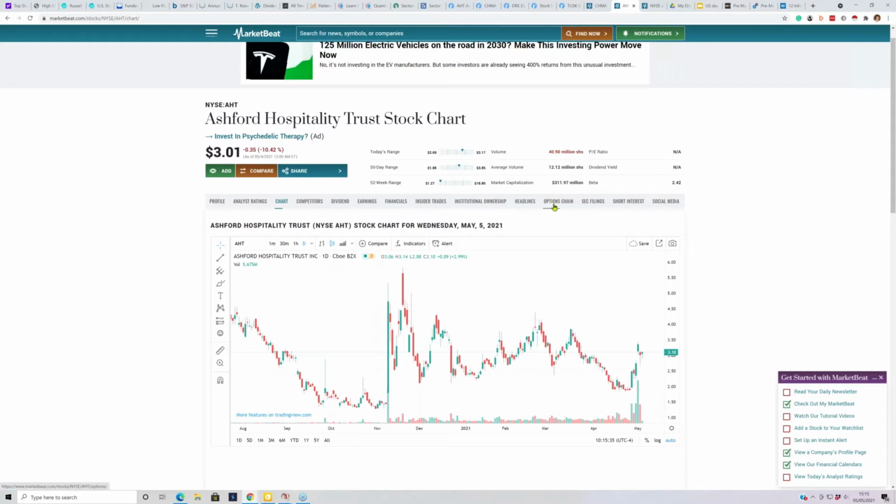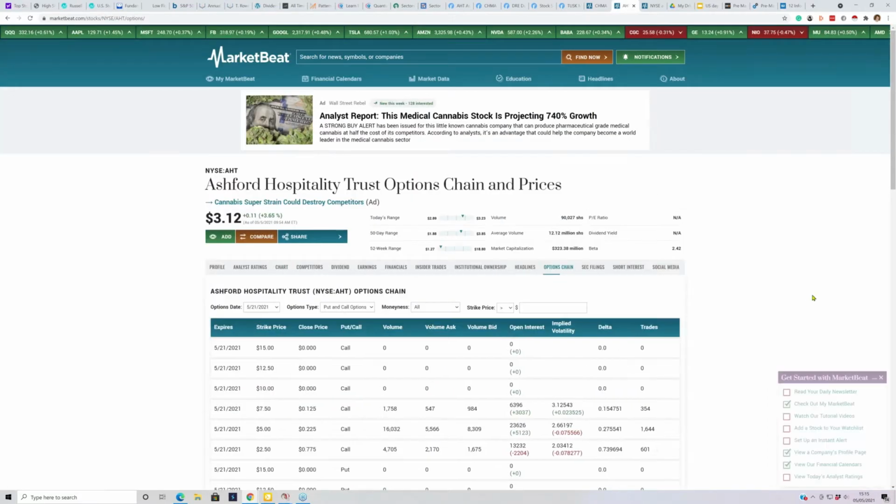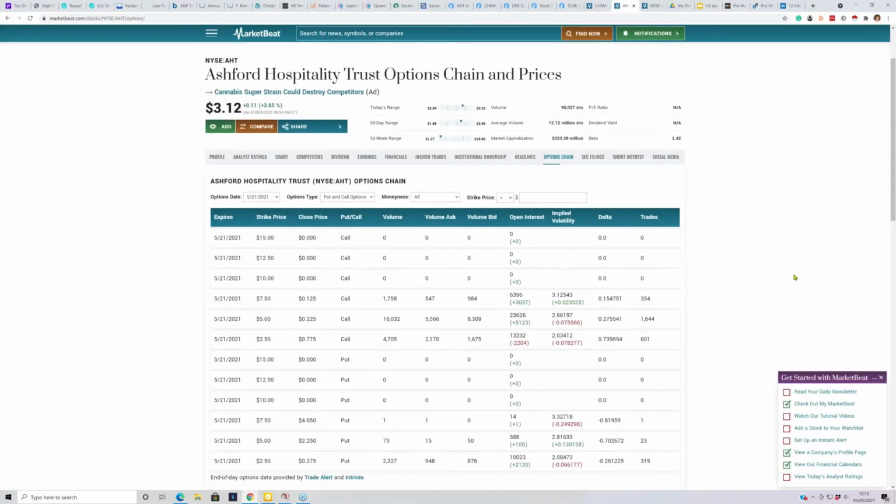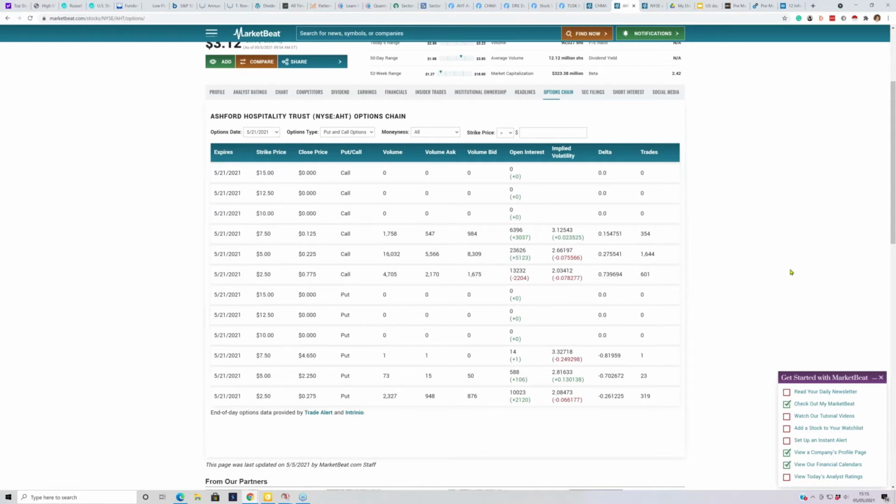The other metric I want to highlight today is the option chain. I'm not going to go too much into options, but I'd like to point out, especially if the price is anywhere near one of the strike prices, what the open interest is. I'm not going to talk about delta or implied volatility; we will touch on that in later sessions.